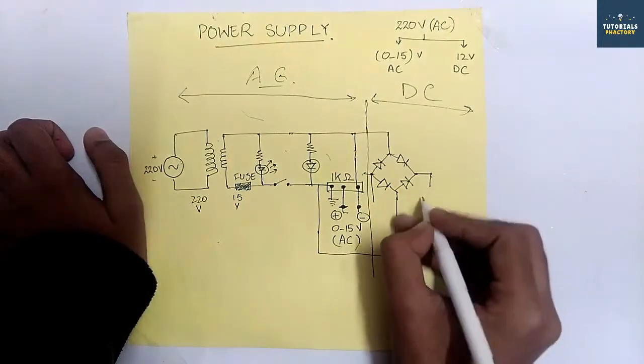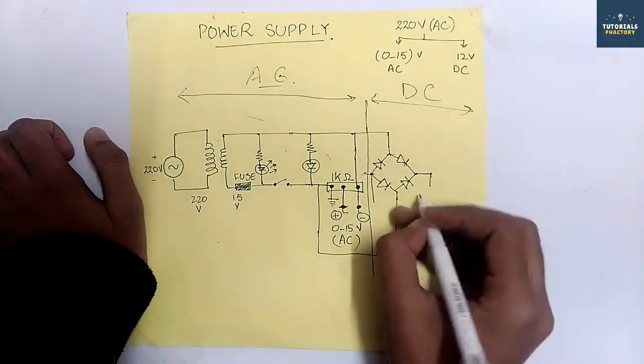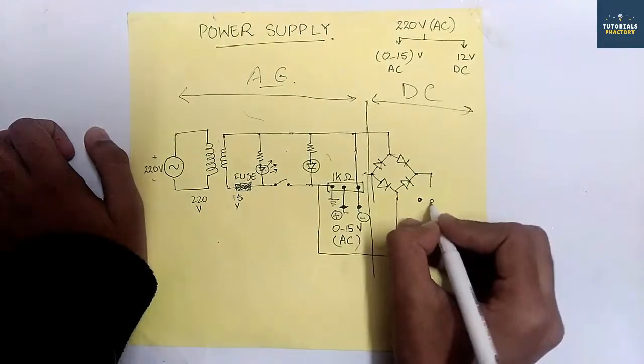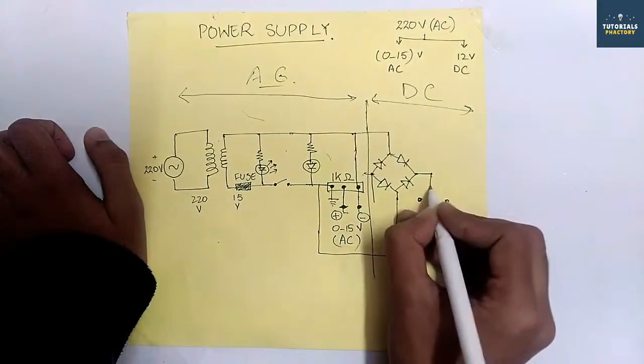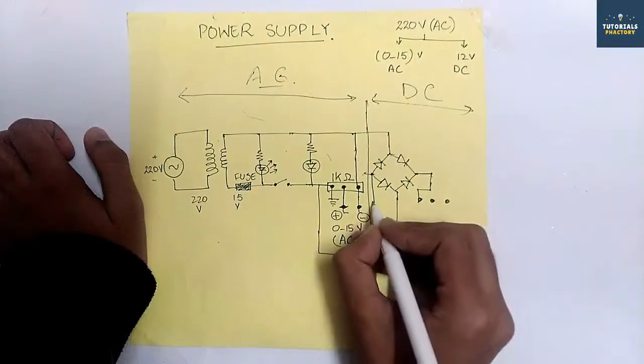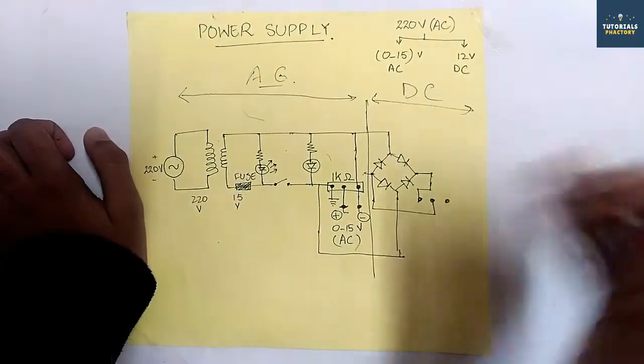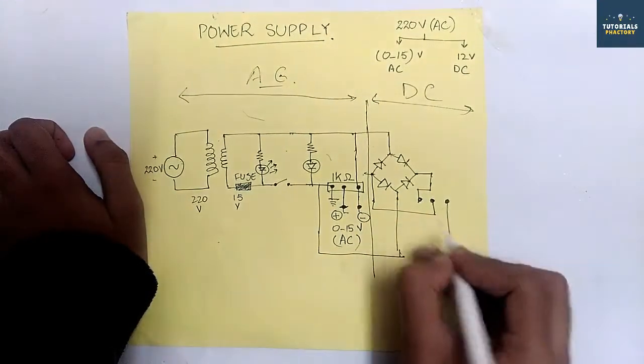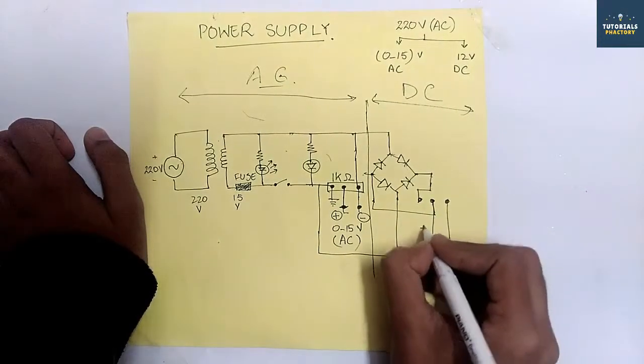to a 7812 regulator. As you all know, a regulator also has three terminals. This will be our input, this will be our supposedly ground, and this is our 12 volts.